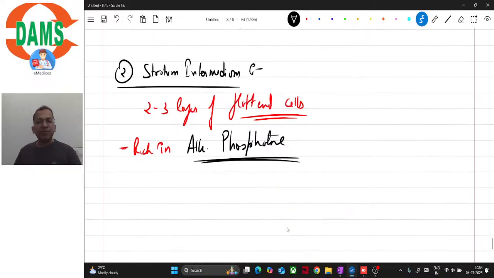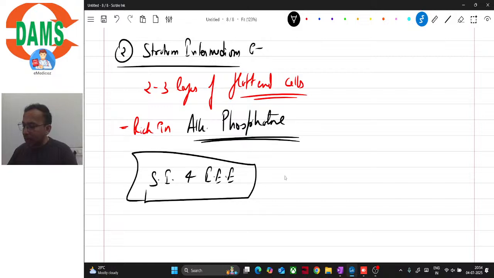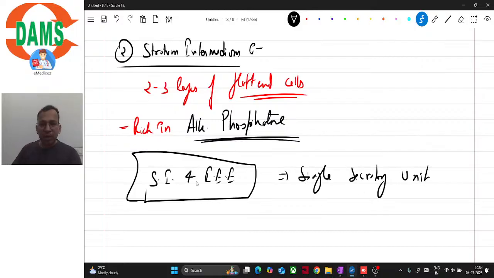So they provide the alkaline phosphatase for the mineralization of enamel, and for that reason, stratum intermedium and inner enamel epithelial cells are considered as a single secretory unit, or you may say single formative unit, right? As a single unit, they will form the complete mature enamel. Clear?